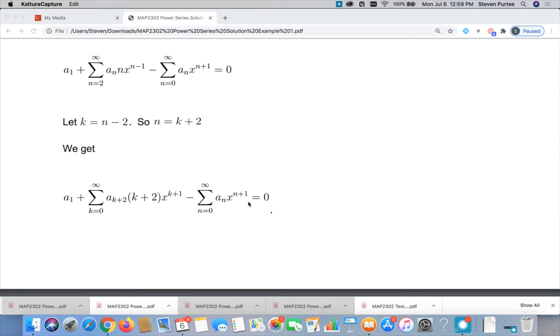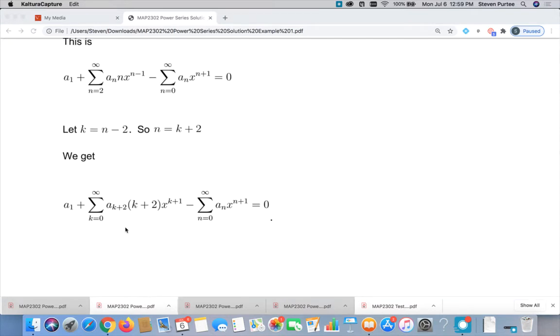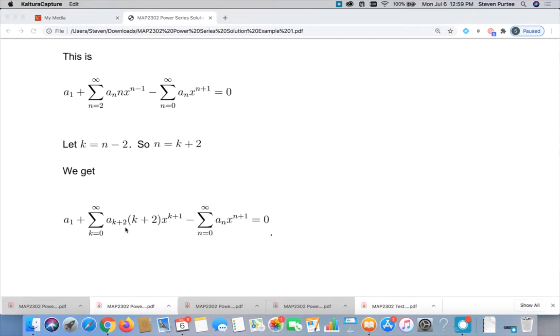I could replace these and call them k's, or I could go backwards now and call these n's. Or the easier way to do this is the shortcut. I want this exponent to go up by 2. That means everything inside the sum needs to go up by 2. We counteract that by making this starting point go down by 2.